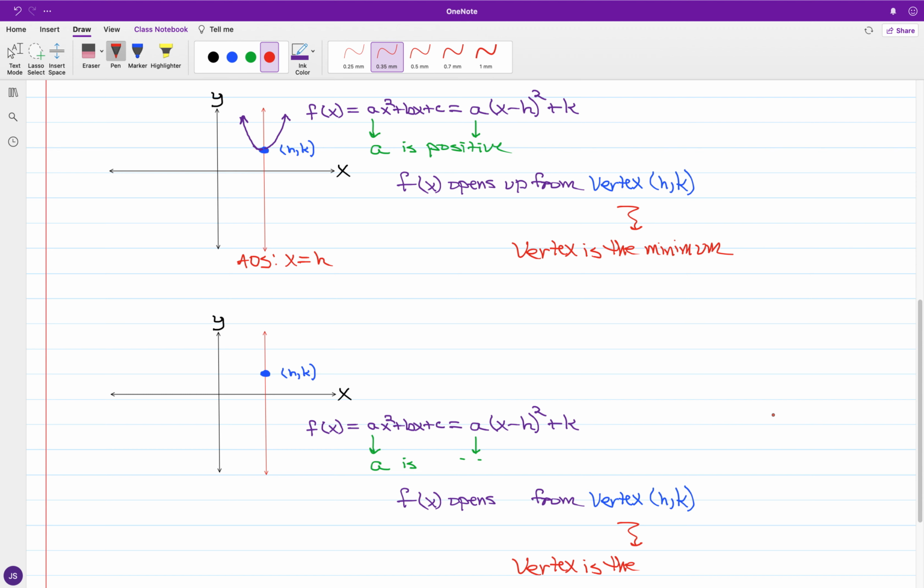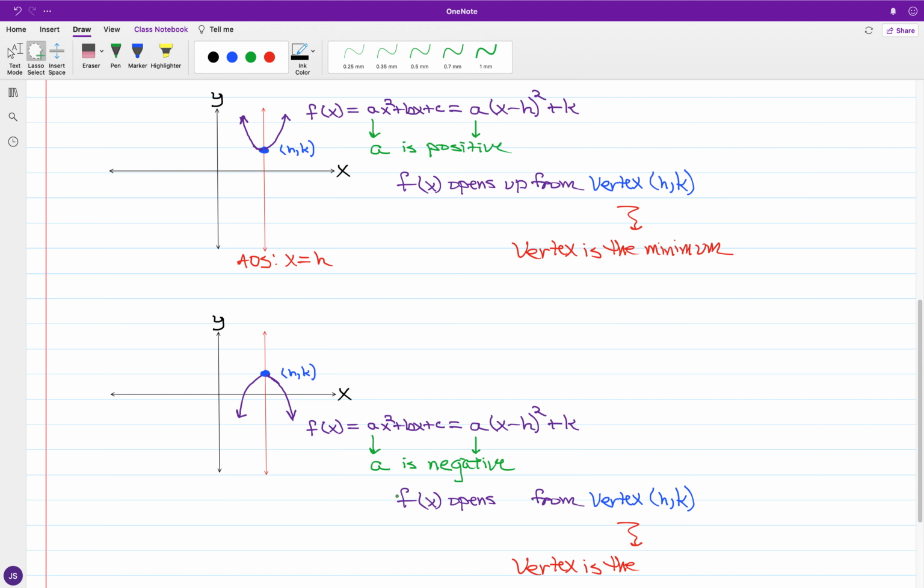Now, see if I change the direction. This time, the graph of f of x is going to be opening downward. So in this particular scenario, a is going to be negative.